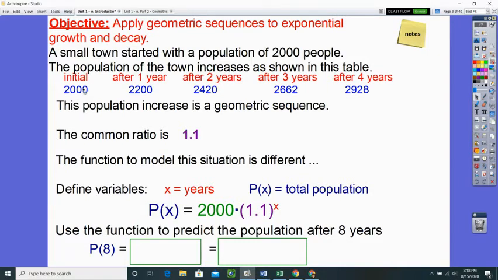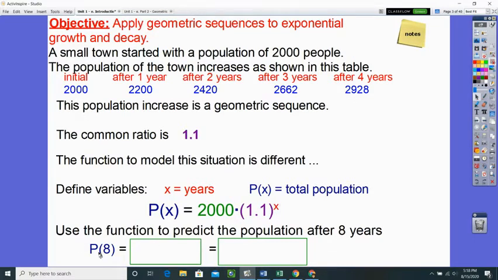In this case, it's actually the initial value. It's when n equals 0, when the number of years equals 0, the starting point. And that's why we take that 1.1, which is the common ratio, and we're raising it not to a minus 1, but to an x.